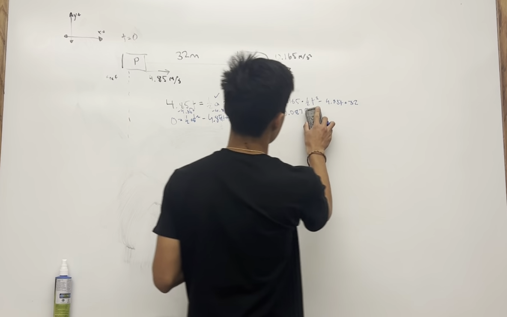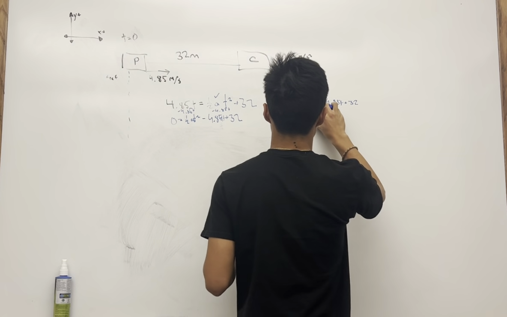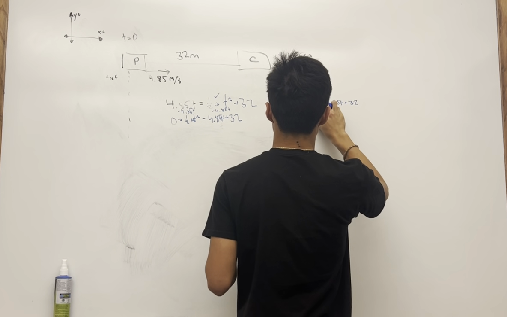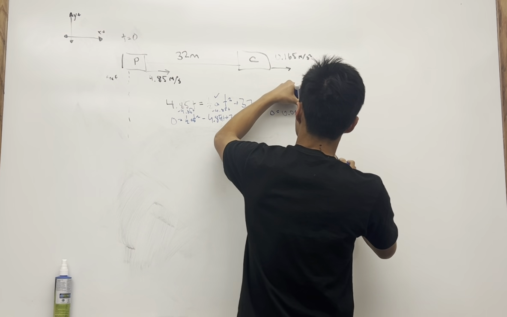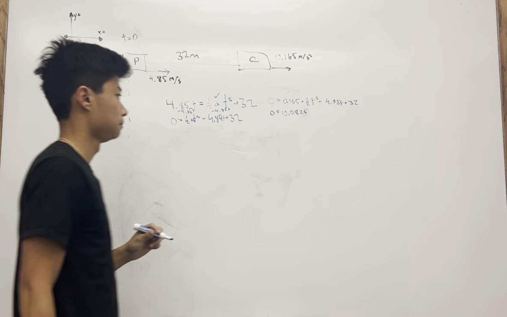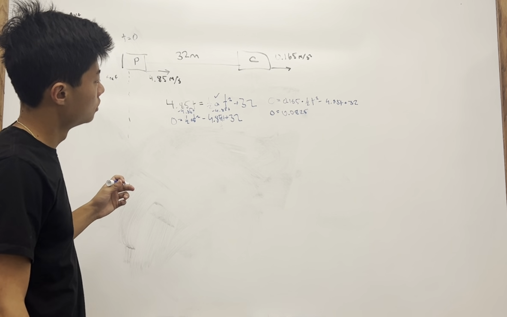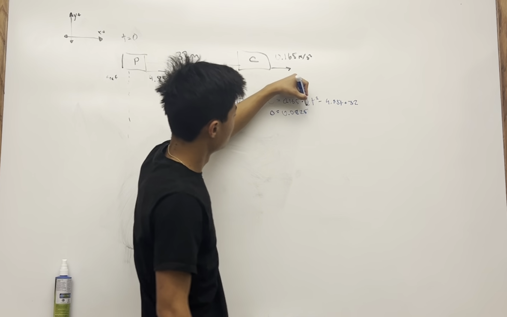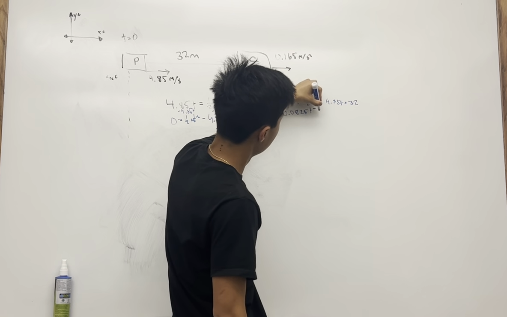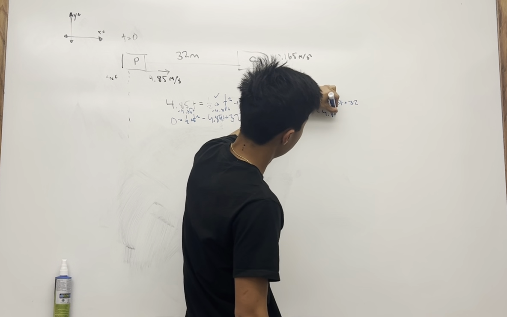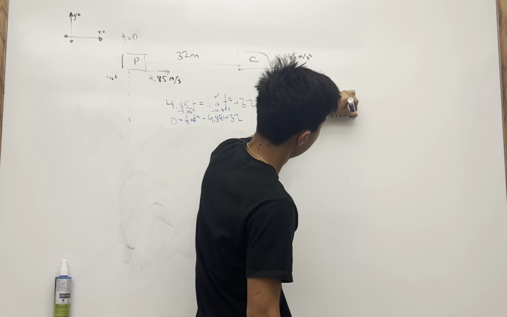Oh wait, no, this is just 5. And this is t squared, and it's 4.85 t plus 32.